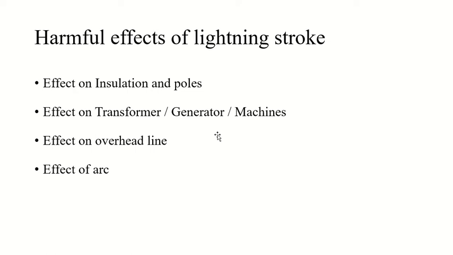So it will cause a lot of physical harm to my power system, not only the overhead line but other equipment or apparatus connected to it as well. Because of that, it is very important to provide protection against lightning to my apparatus, to my equipment.